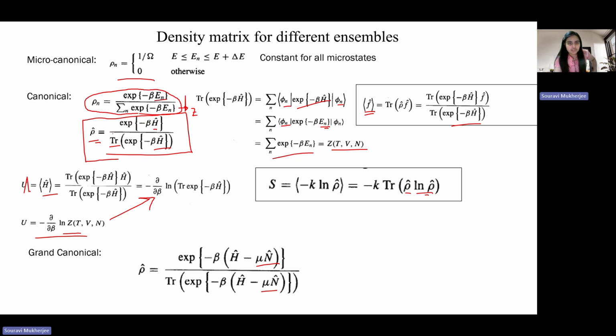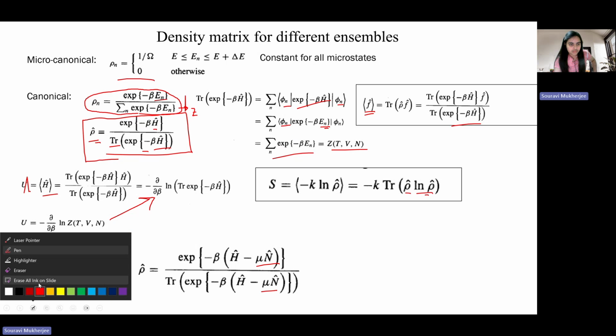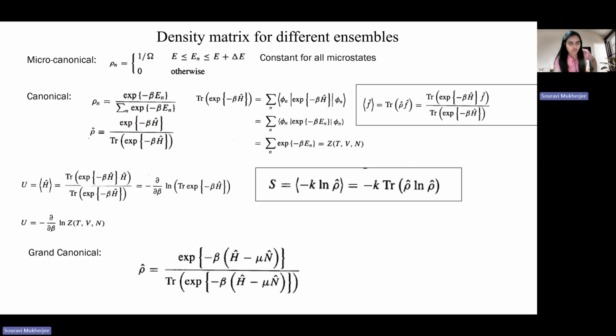Okay, so rho n will be nothing but e to the power minus βE_n, and then divided by Z. So what I mean is, when you use the rho operator, you have an H operator here. This term here is nothing but Z.